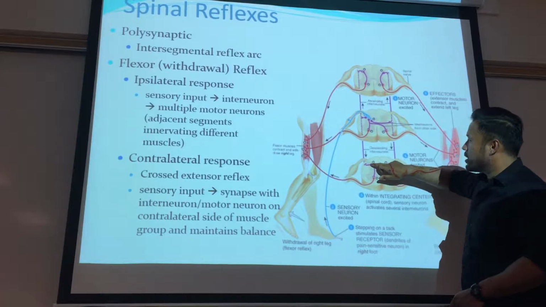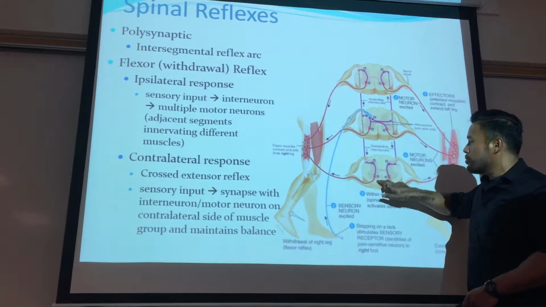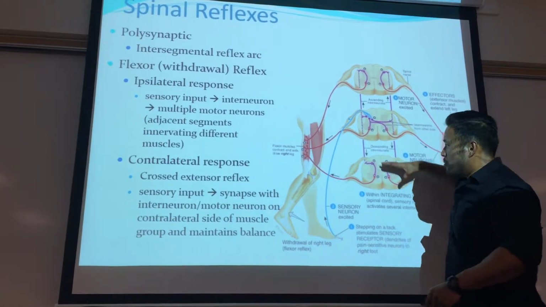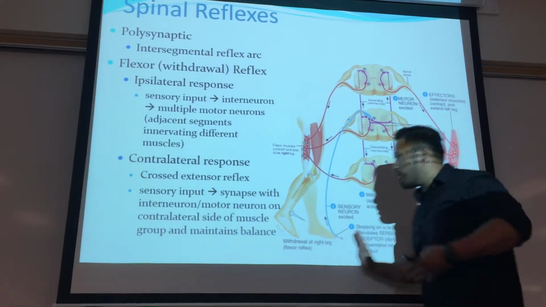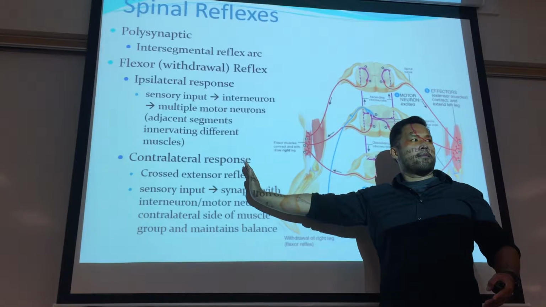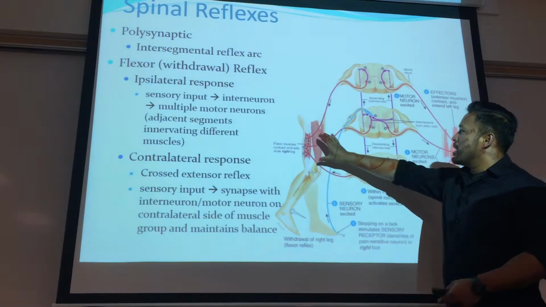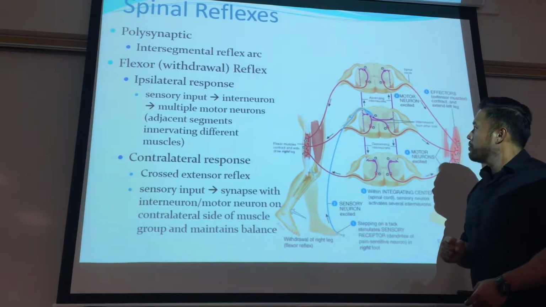These are local circuit neurons that will recruit other motor neurons to create more of an excitatory response on that hamstring. So this is going to create that exaggerated withdrawal response. That's what's happening on the ipsilateral side.